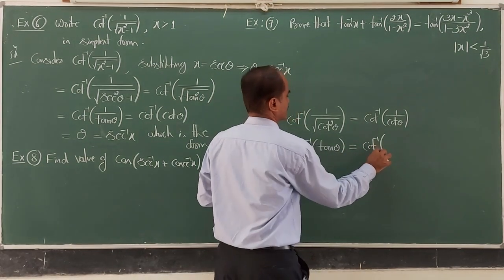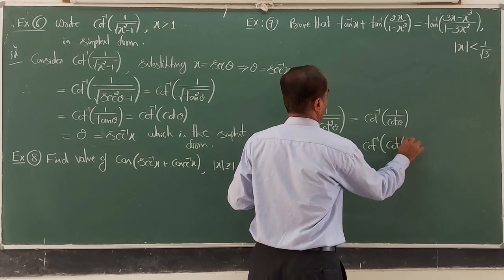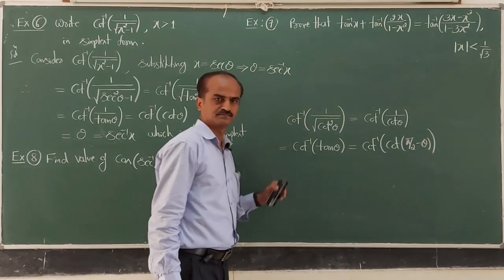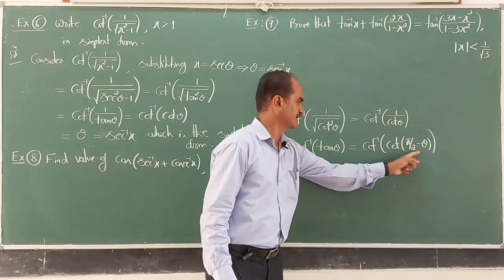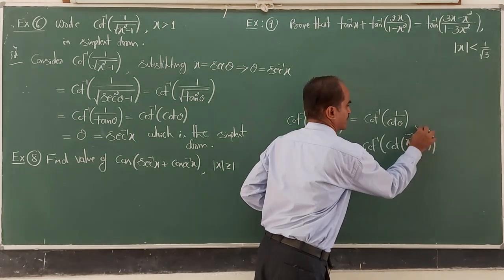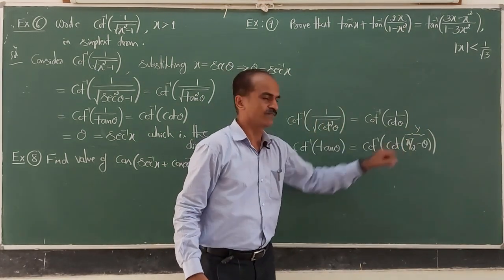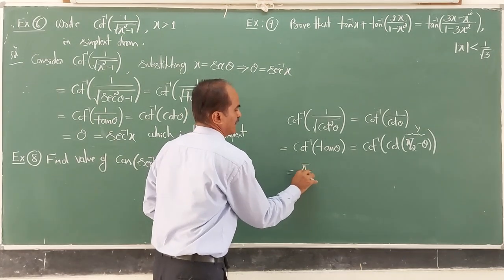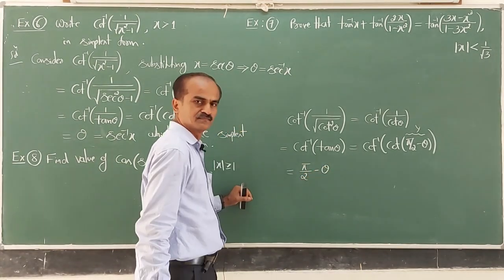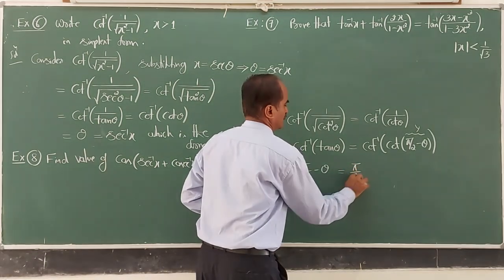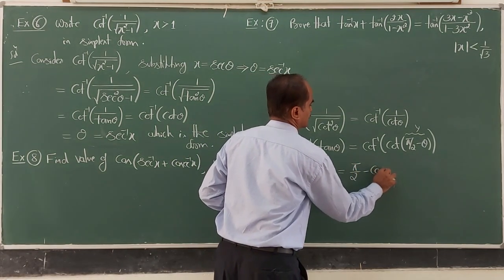That is cot inverse of cot of pi by 2 minus theta I can write, because cot of 90 minus theta is tan theta. Now take this expression as y. Cot inverse of cot y is equal to what? y. So I get pi by 2 minus theta. Resubstitute theta. That is pi by 2 minus cosecant inverse x.